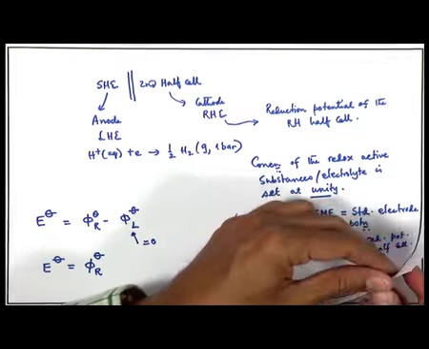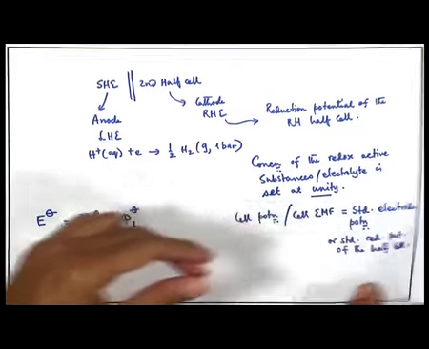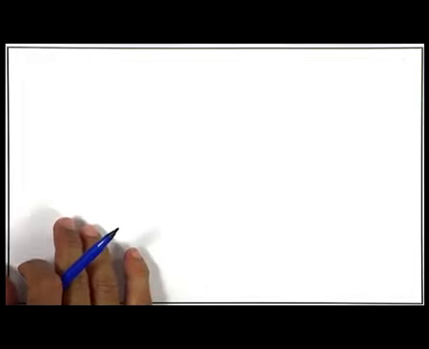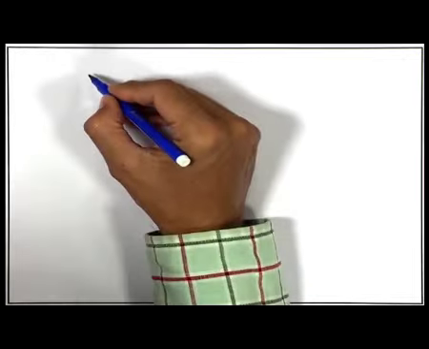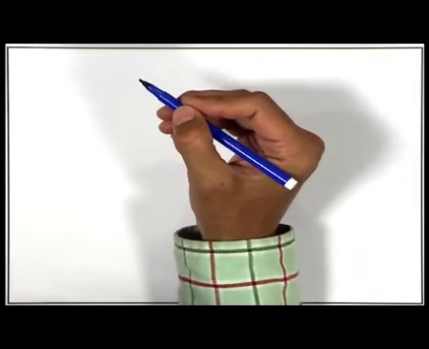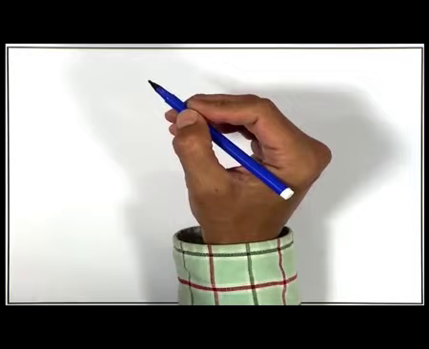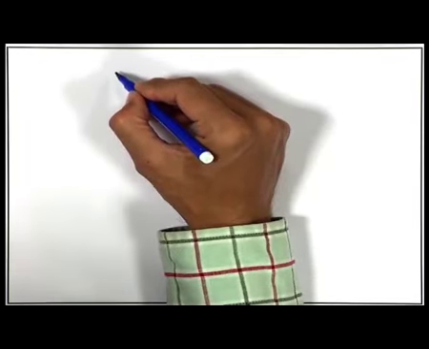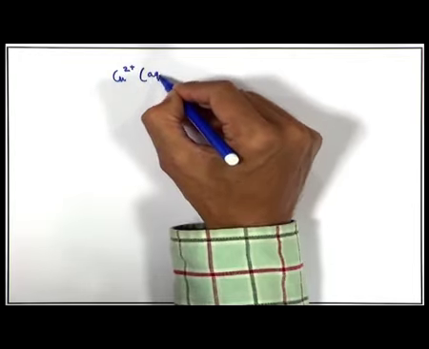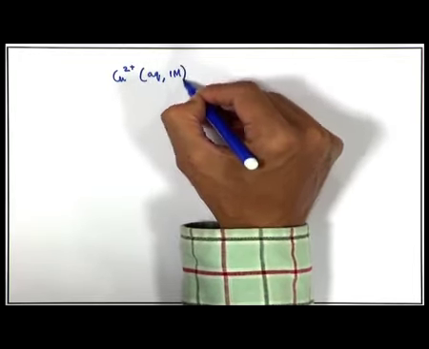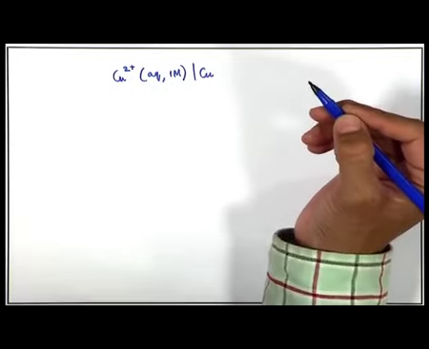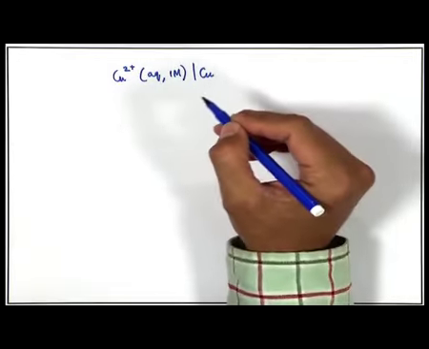So, suppose for the Daniell cell, we do not know the half cell potential for this half cell, say Cu 2 plus. What you have to do? Just couple this with the standard hydrogen electrode.